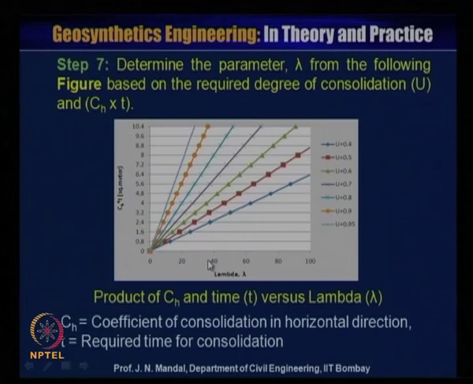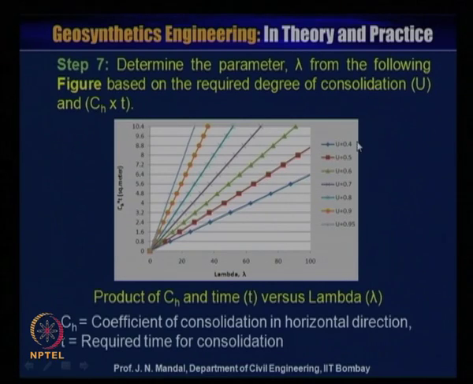Step 7, determine the parameter lambda from the following figure, based on the required degree of consolidation U and Ch into t. Here, the product of Ch and t versus lambda is plotted for the defined values of U, the required degree of consolidation.